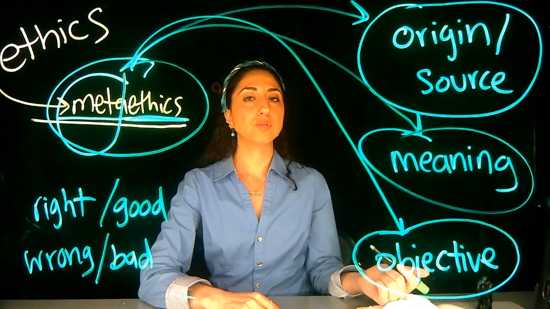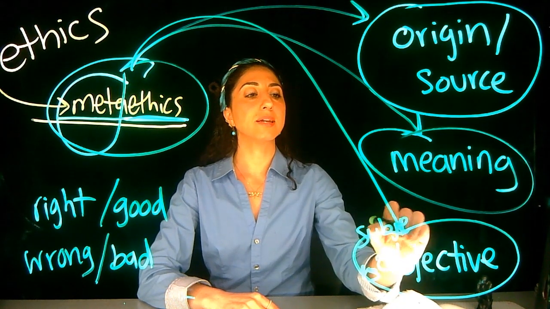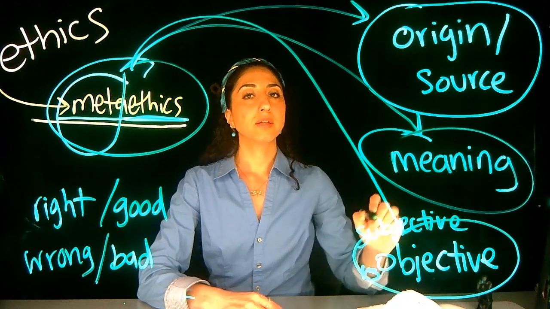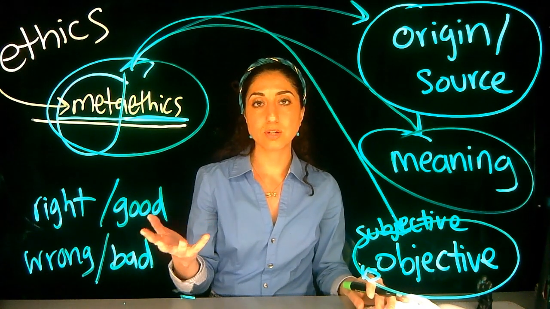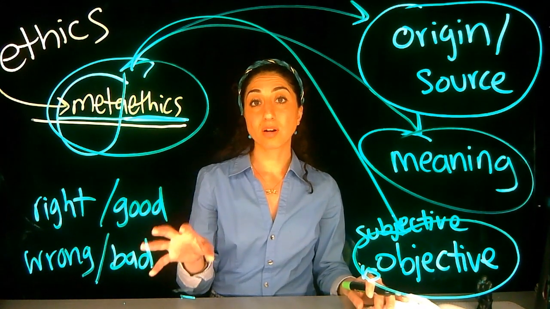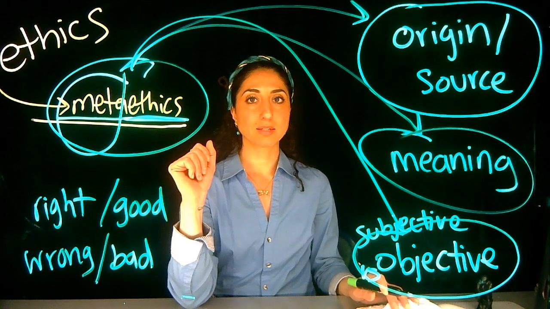Or is the truth instead subjective? If the truth instead is subjective, then the claims about what is good or bad to do or wrong or right to do depend on context. And that's also something that you'd be studying in metaethics.